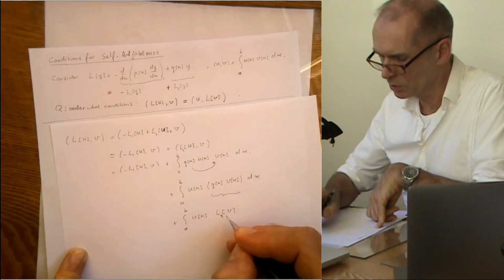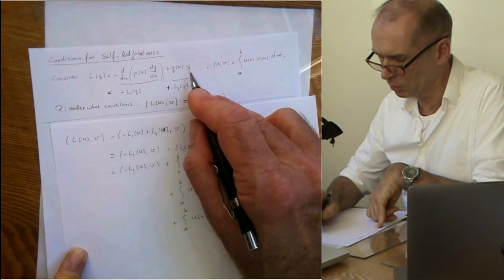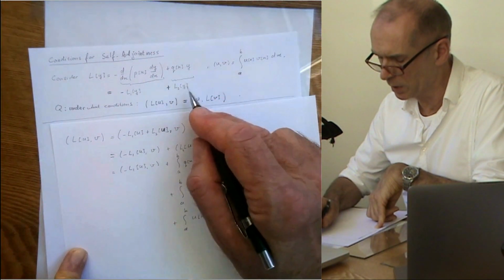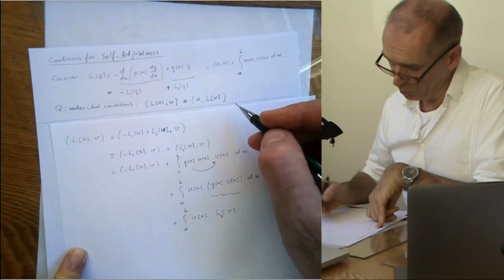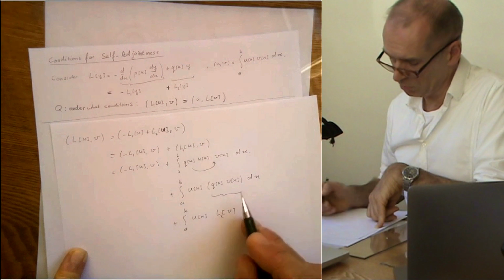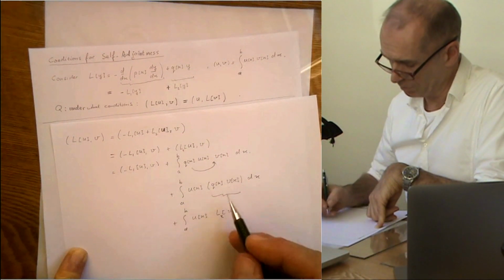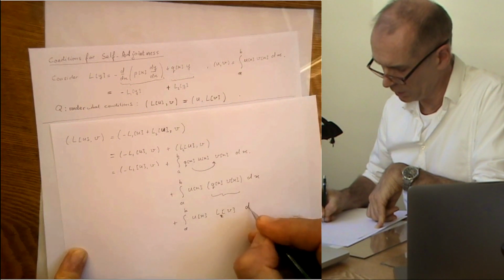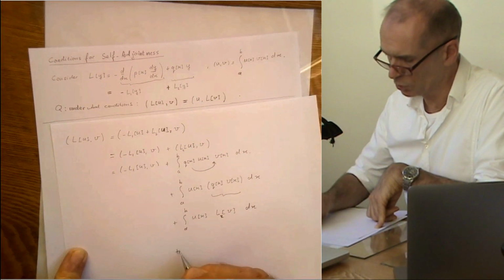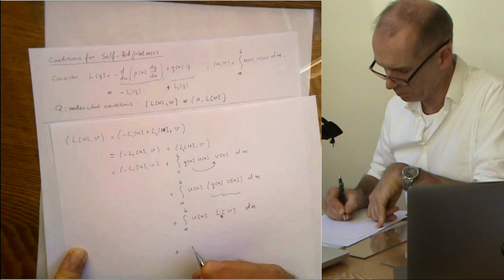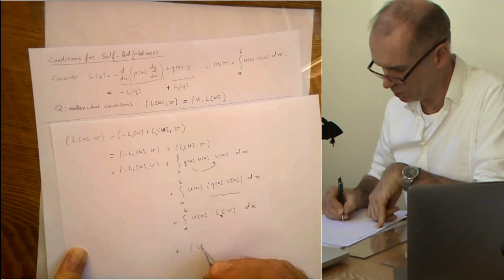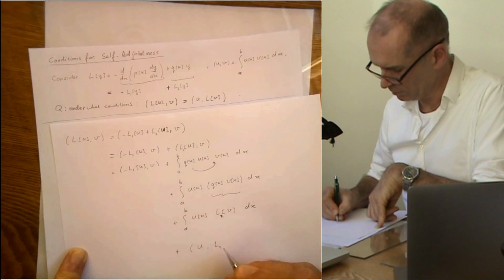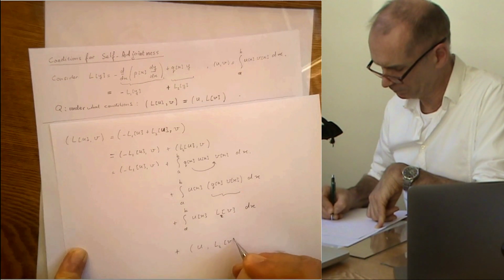L2 on v just means that I multiply v by q. So here's my L2, and then I integrate, and this, again using the definition of that bracket, is just the inner product of u with L2 times v.